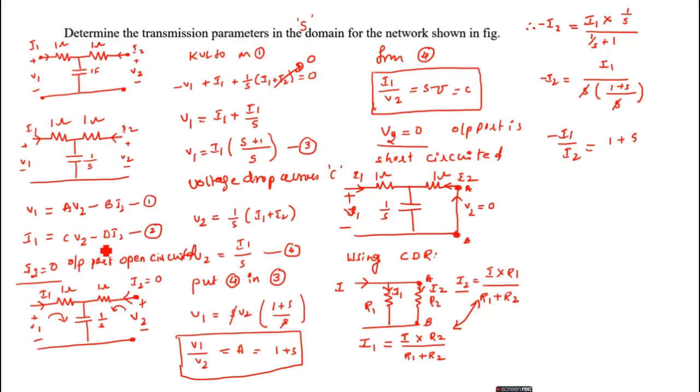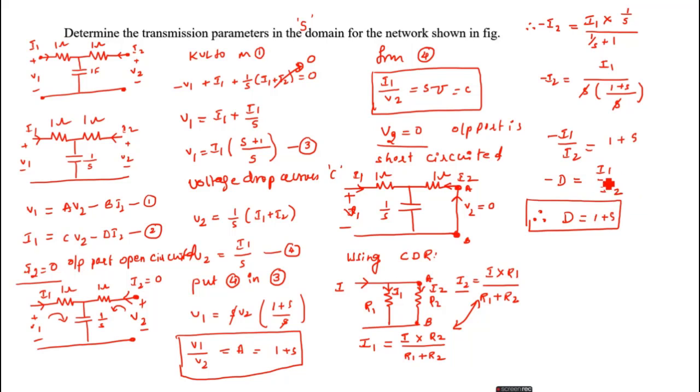Alright, now what is D from this equation? Minus D equals I1 divided by I2. Comparing these two equations, we will get D equals 1 plus S. Is that a unitless quantity?